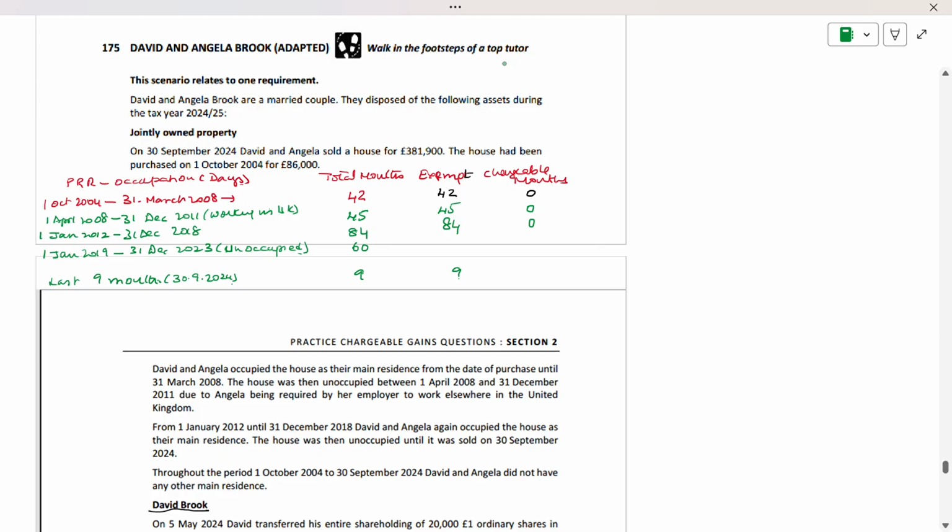Is it chargeable or exempted? Up to 36 months for any reason is exempted, and the remaining will be charged. 24. Check how much, because the rule was there that up to 36 months for any reason will be exempted.